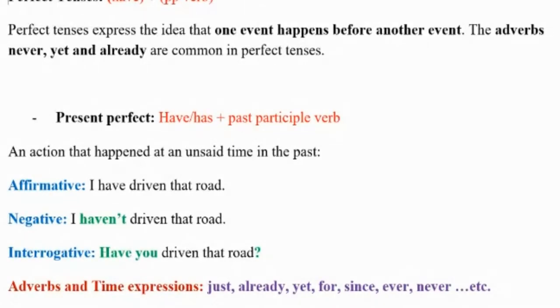And if we want to make a question, we put the auxiliary at the beginning, just like all the other tenses. And with perfect, we usually use already, yet, for, since. These are the adverbs and expressions that are normally used with perfect tenses.